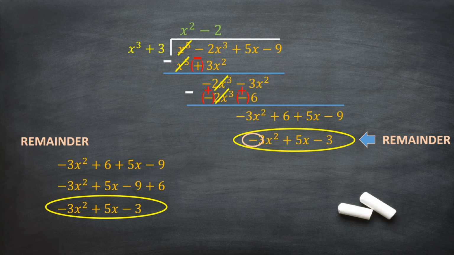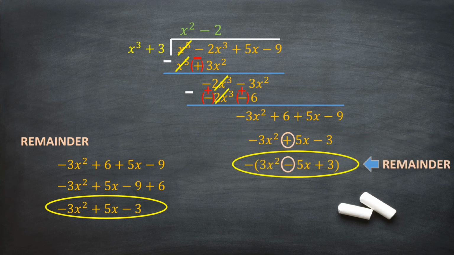If we factor out the negative sign, all of the signs on each term will change to the opposite sign. The positive will become negative and the negative will become positive. So as shown on your screen, when we factor out the negative, all of the terms inside the parentheses change to the opposite sign. Your 3x squared is now positive, the 5x is negative, and the 3 is positive.